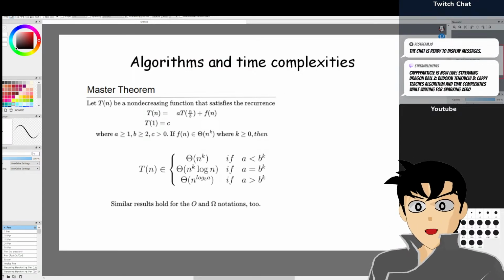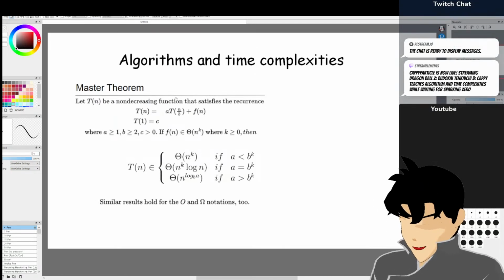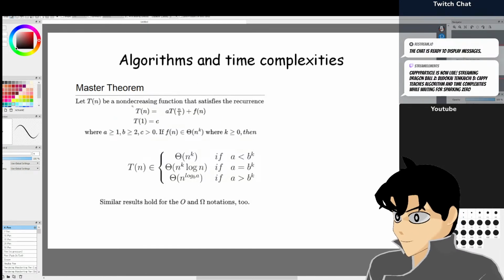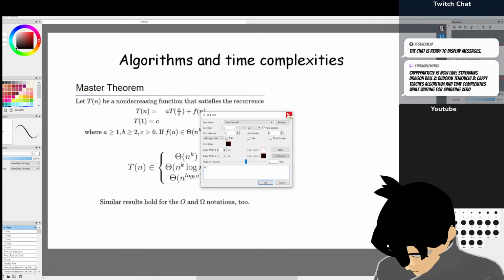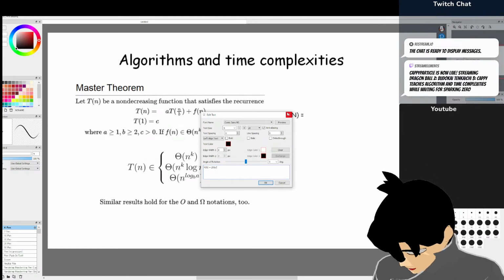Alright, for this one, we're talking about Master's Theorem. Weirdly, I had trouble with this until I really sat down and read what it was actually saying. Master's Theorem is basically like the function I was using last time: T of n equals 2T of n over 2 plus, let's say, n.